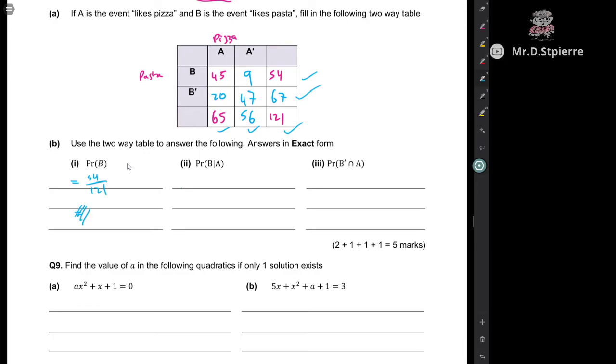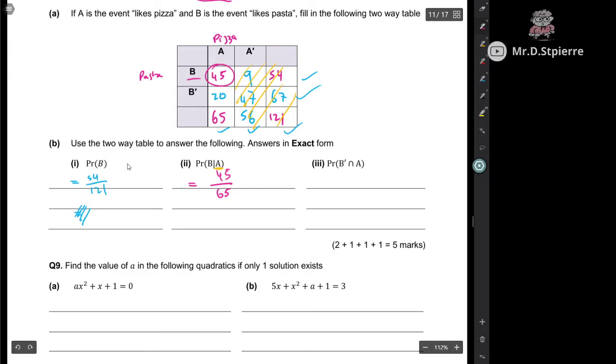Probability of B given A has occurred. So this is one of those given ones. You could use the formula, but again, I'm a big proponent of looking at it from a logical or intuitive standpoint. So given A has occurred, that means all of this is ignored. So our total sample space, now we only have a total of 65 people we're dealing with. How many of them are in B is 45.